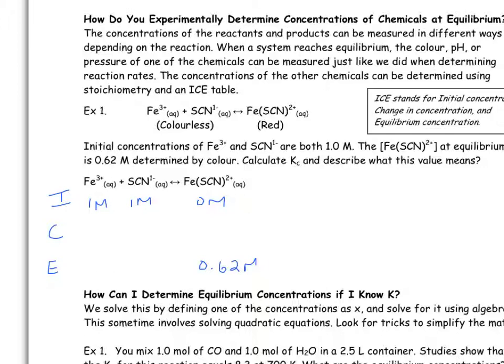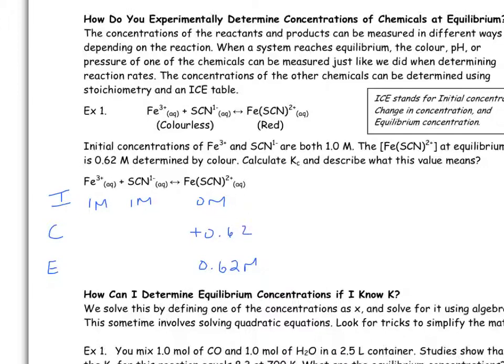Because we have the initial concentrations and one of the concentrations at equilibrium, we can figure out how each chemical changed. If I started at 0 moles per liter and ended at 0.62 moles per liter, that means my change was a plus 0.62.